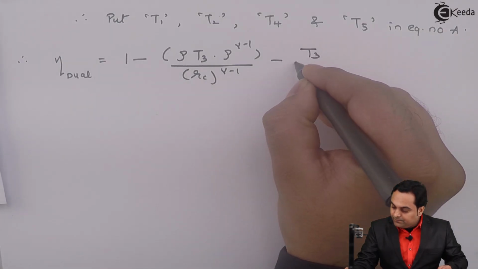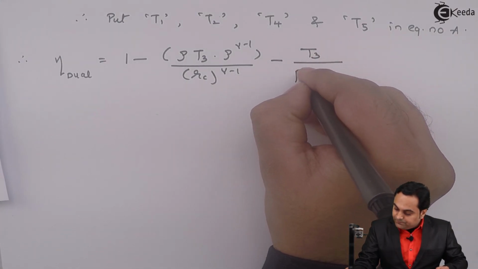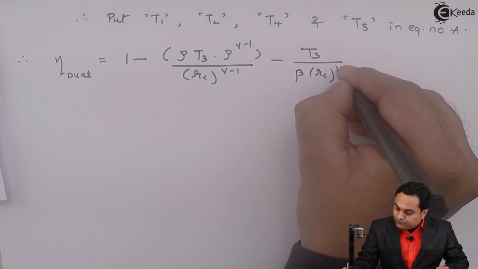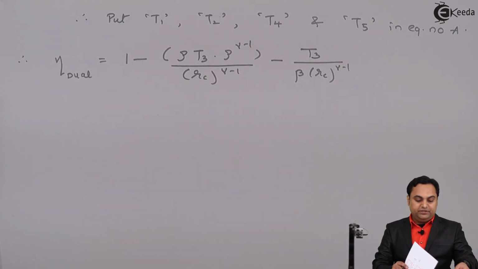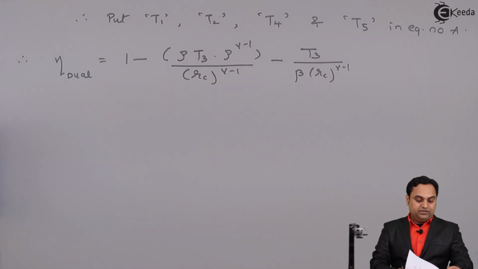So it is T3 upon beta into Rc raised to gamma minus 1. This is the numerator of equation number A.